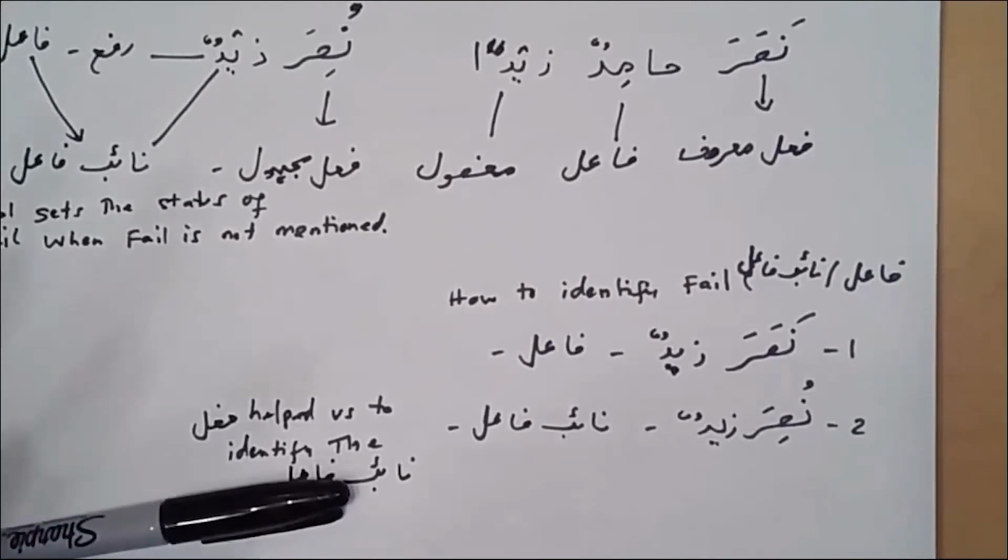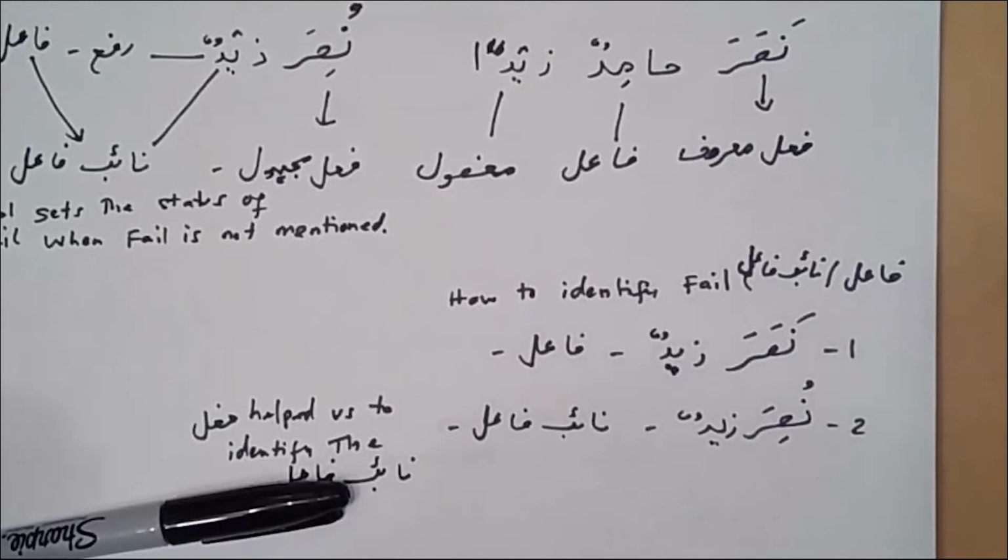Remember, last time we said there are two reasons for hiding the file. Two or three? I'll tell you the third one. One reason is that the file is not known, or it's not mentioned.